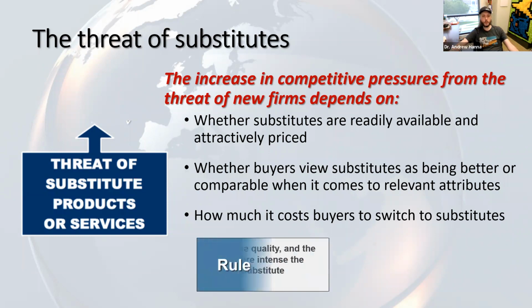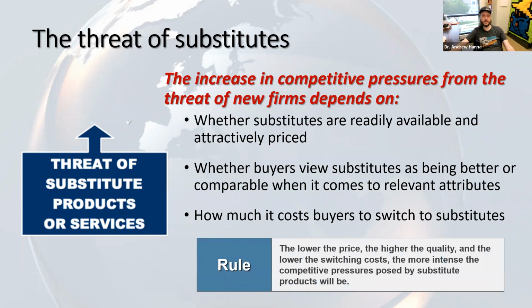The one big rule we want to keep in mind here is that the lower the price, the higher the quality, and the lower the switching costs are for people to switch products, the more intense this competitive pressure is going to be.